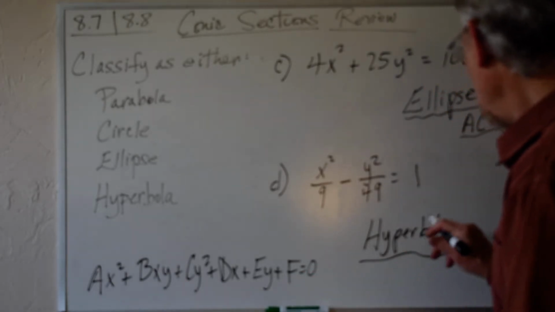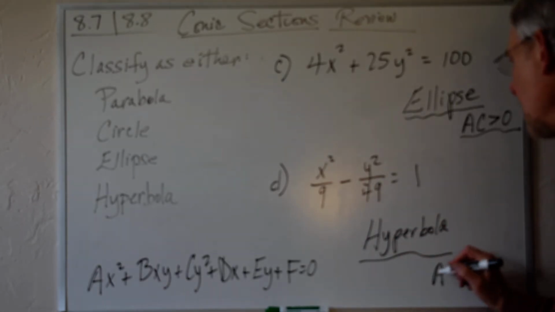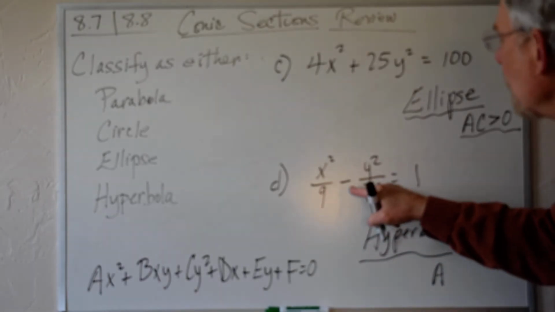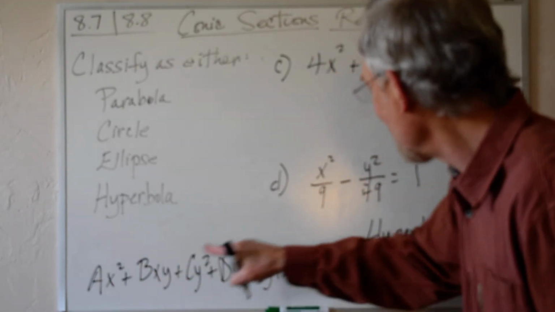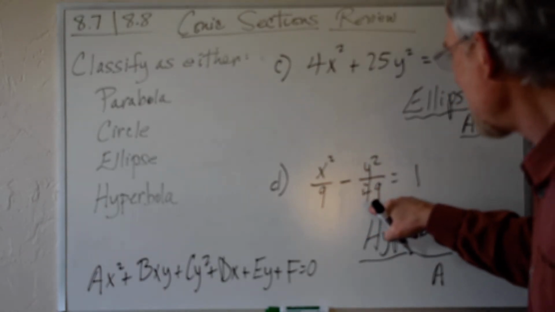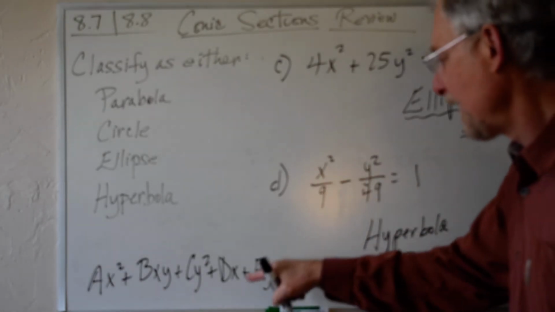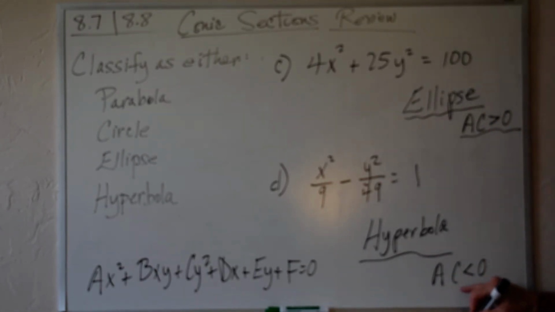So here we have a being a positive 1/9, and if you're thinking of this as addition, you're adding a negative 1/49 times y squared. That's why we say in this case a times c is negative.